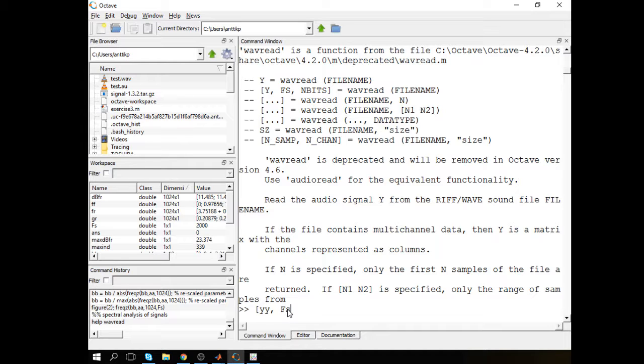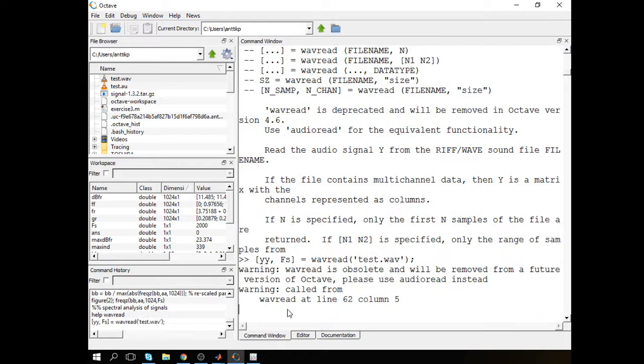I don't care about the bits. Wave read, and the file name is test.wave. There we go. Obsolete. That will be removed. Oh, okay. Use audio read. I think on MATLAB you use audio read anyways, right?